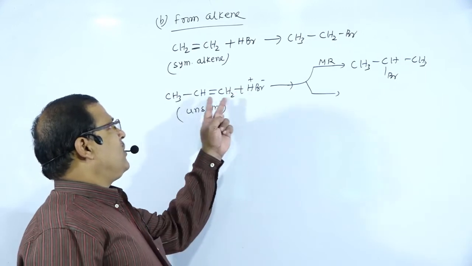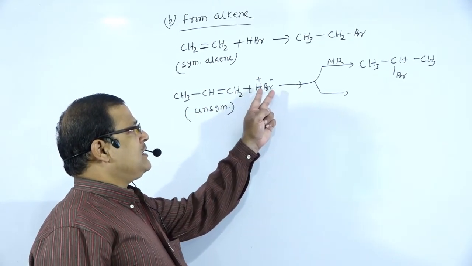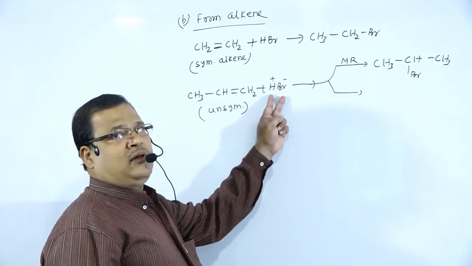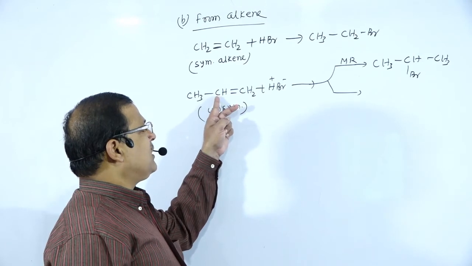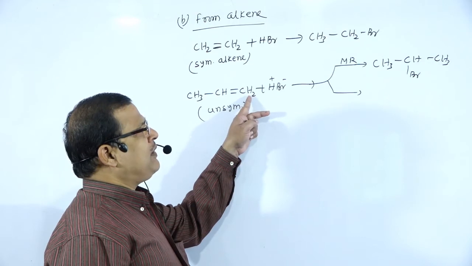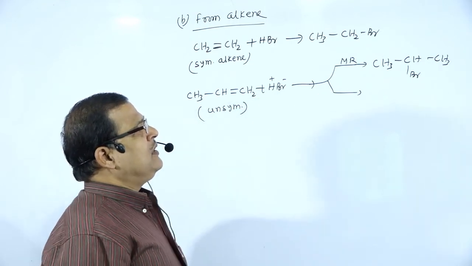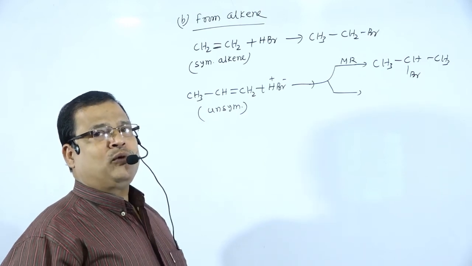This is an unsymmetrical alkene with a polar addendum. This molecule is added, a polar molecule addendum. So the negative part of the addendum goes to that carbon atom which contains less number of hydrogen atoms, meaning the positive part will be added to the carbon with more hydrogen atoms. So 2-bromopropane is formed.